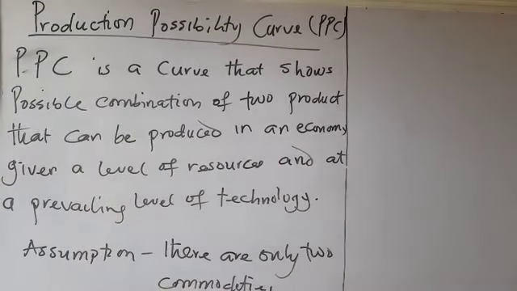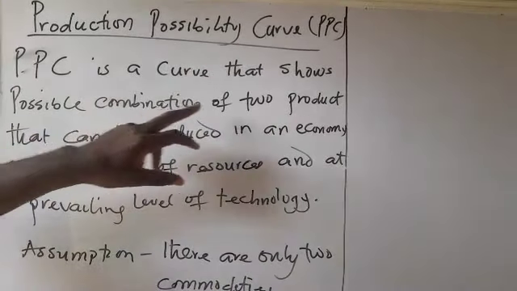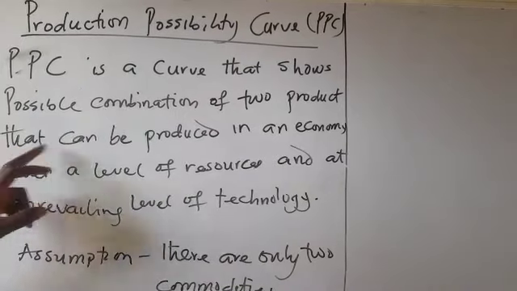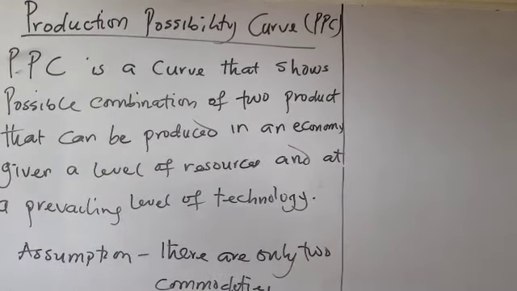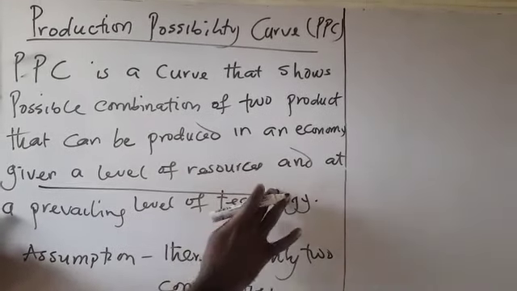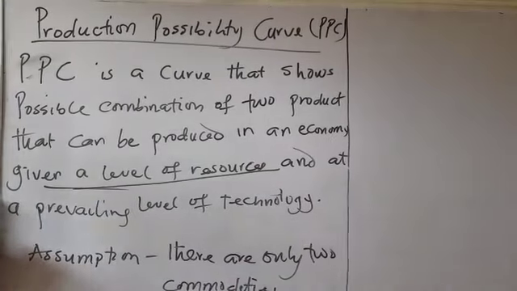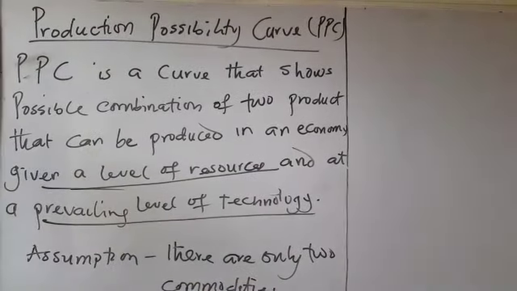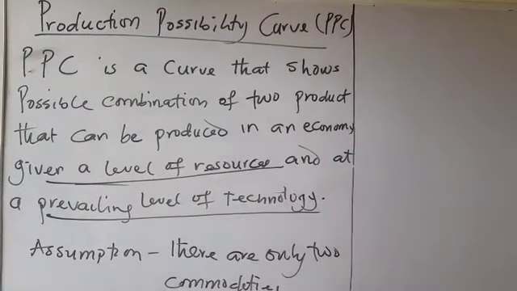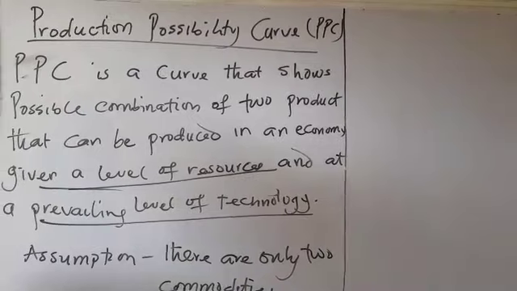But for us to look at this, we said it shows the possible combinations of two products that can be produced in an economy given a level of resources and at a prevailing level of technology. When we say given a level of resources, it means that at that moment, the resources available are what we have.